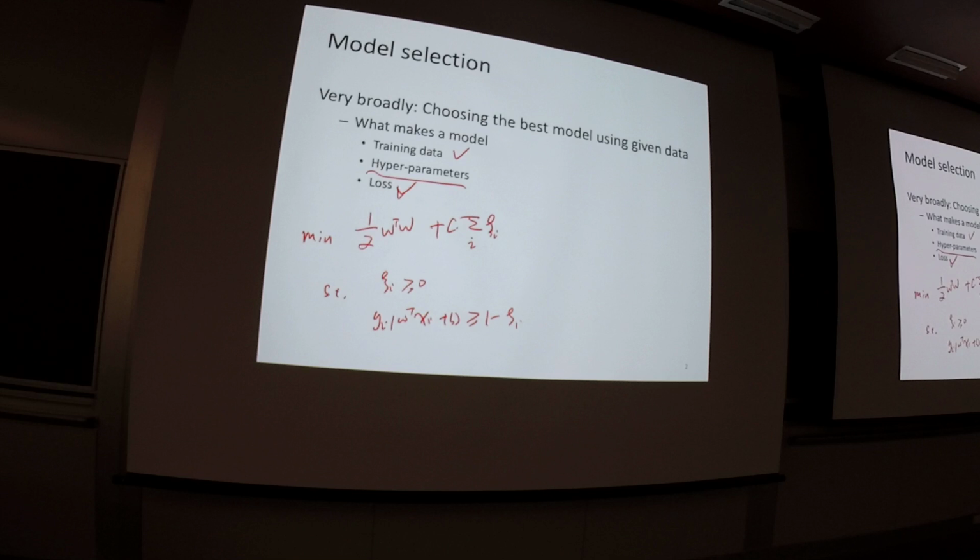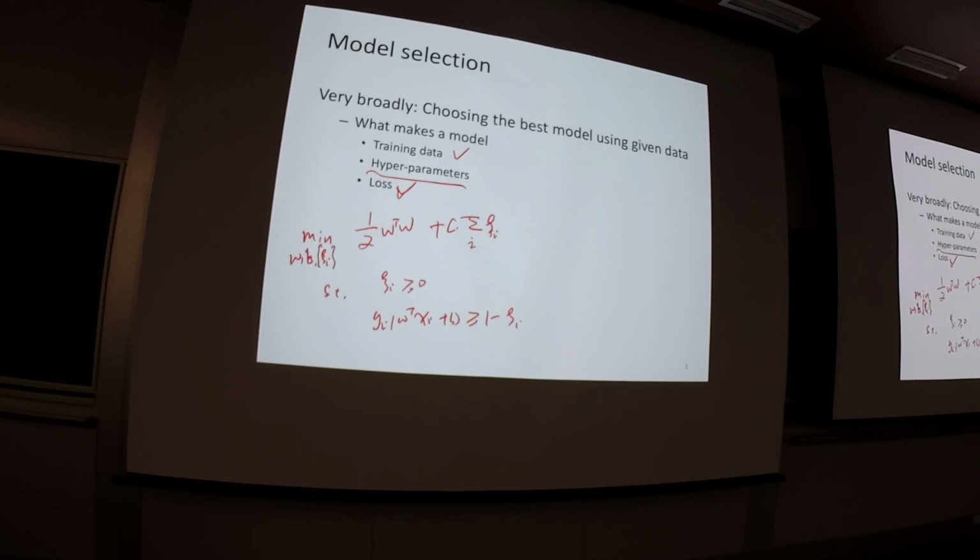So we minimize this objective function subject to this set of constraints, with respect to the model parameters w, b and the slack variables ξi. The sum is over all the training examples.